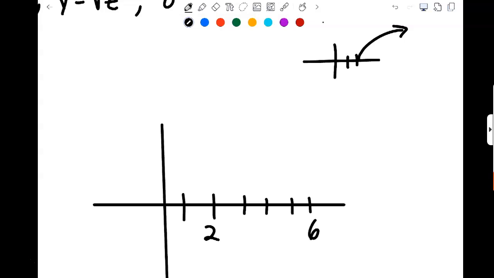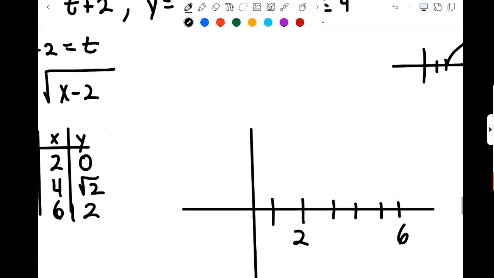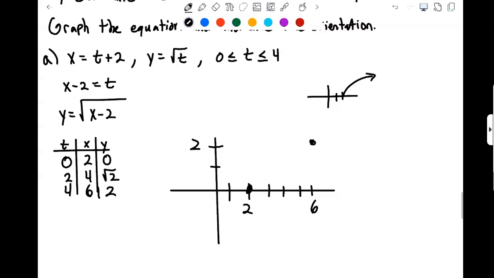The y values are going to range from 0 up to 2. So what do we have? We're here at (2, 0), at (6, 2), and we know the basic shape is that square root graph shape. So it's going to be coming up and then slowing down. And the direction of motion is, as we saw, from left to right in this example.